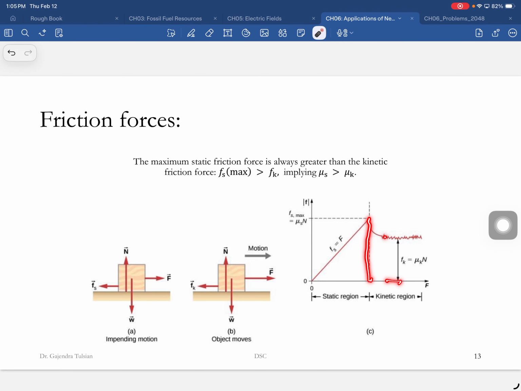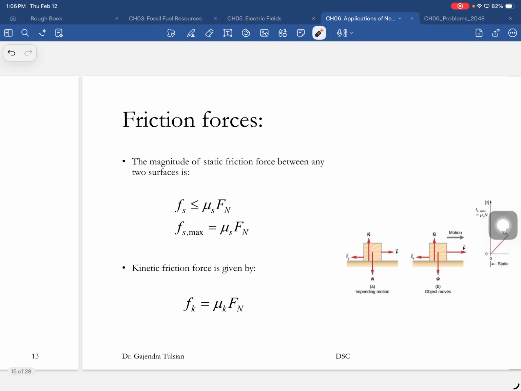Once it starts moving, here's the kinetic friction force, and that's constant. Even though you're applying greater and greater force, that means it's accelerating and moving faster and faster, the kinetic friction force is constant. Okay? So all this is within reason and approximation. We're not talking about you going super fast and all that kind of stuff.